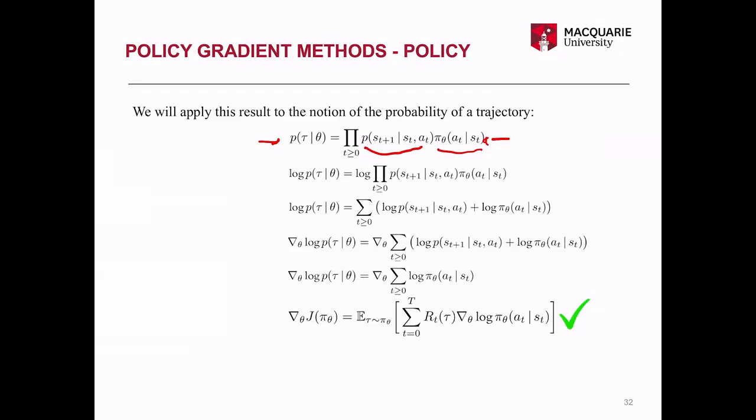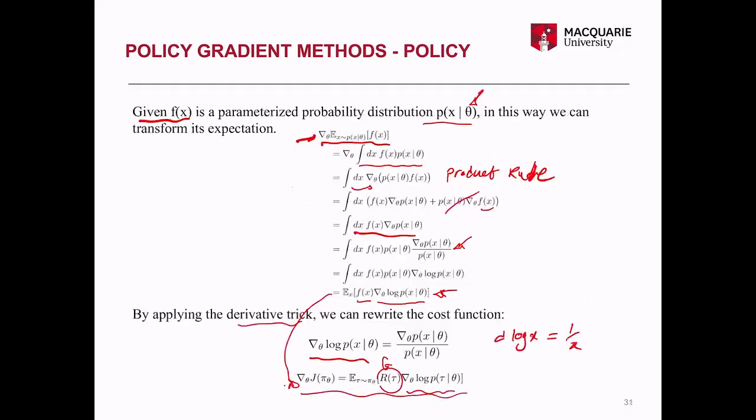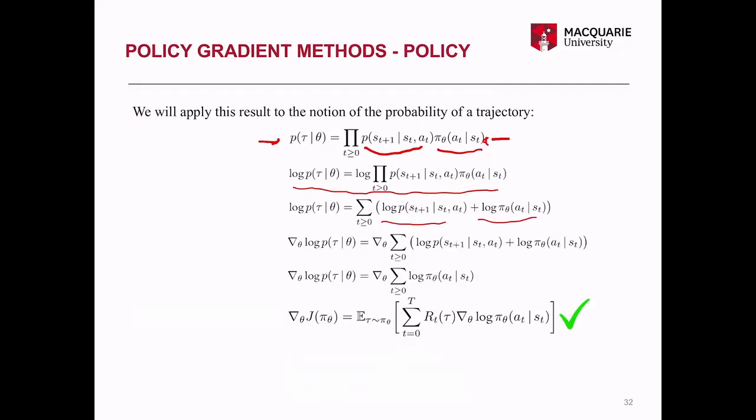Now, if I take the log of this product, you remember that the log of a product turns into a sum of log of probability and log of policy. Now, you remember from this page that we are interested in the gradient of this log. So the gradient of this will make this probability 0 because it's not dependent on theta.